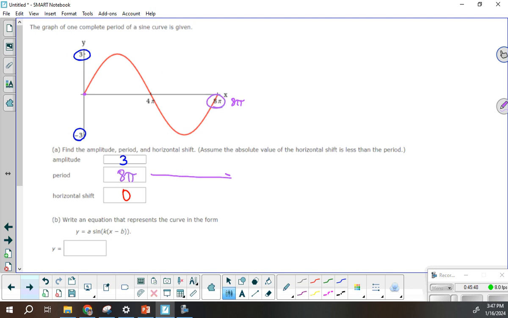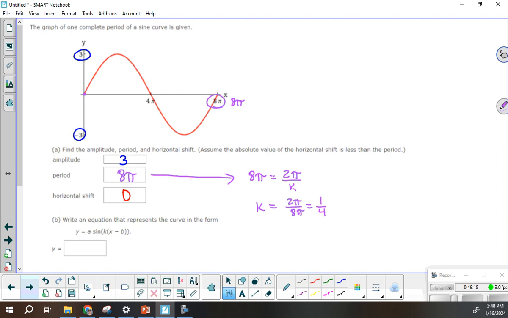If my period is 8 pi, then 8 pi equals 2 pi divided by k, because that's the formula. You take 2 pi divided by k, and that gives you your period. Well, our period's 8 pi, so we have to work backwards. This tells me that k equals 2 pi divided by 8 pi, which is 1/4.